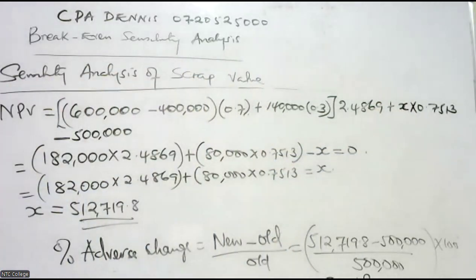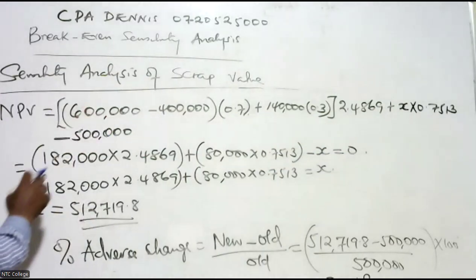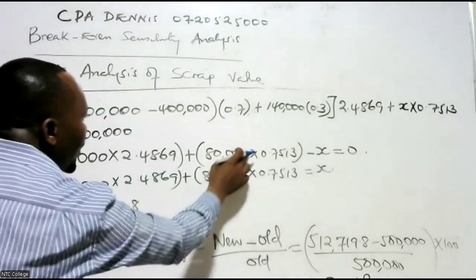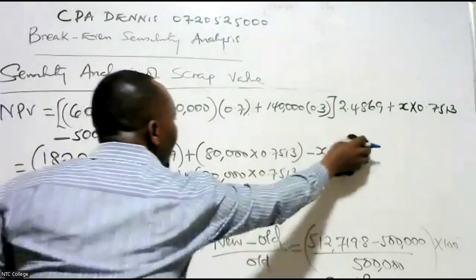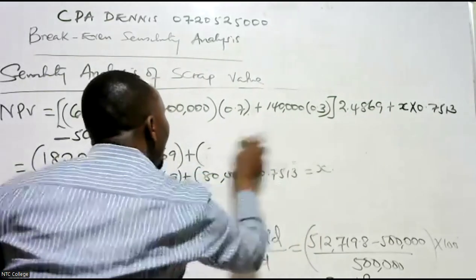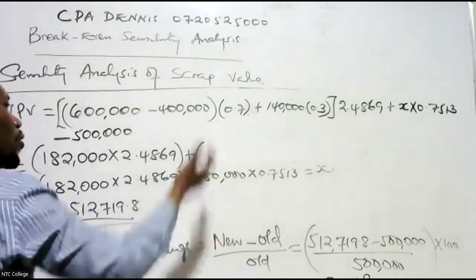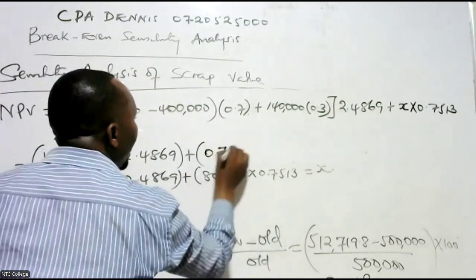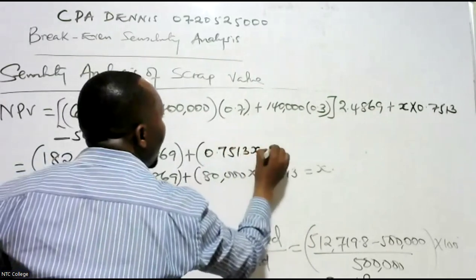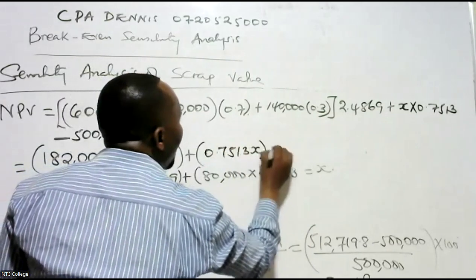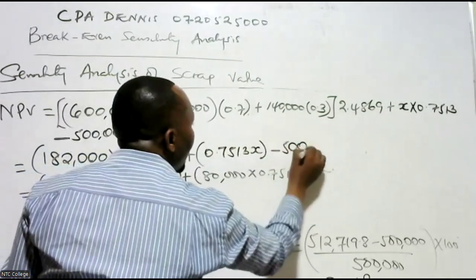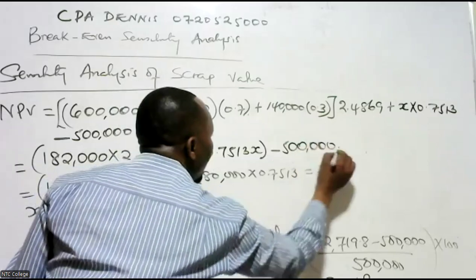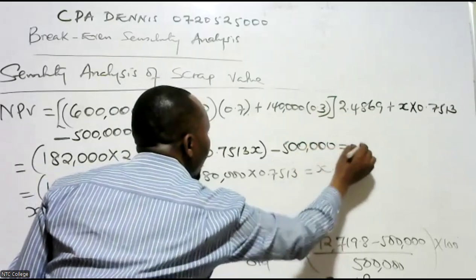So now come here. We know without calculating that the rest will be the same, except here where we shall have some difference. We don't have 80 anymore. We only know X, 0.7513X, right? Minus 500,000 is equal to 0, because NPV is now 0.